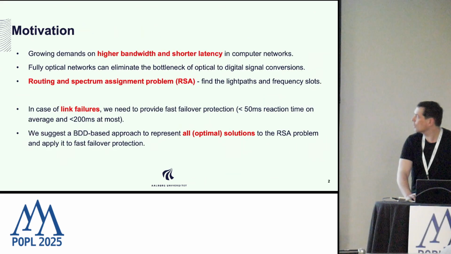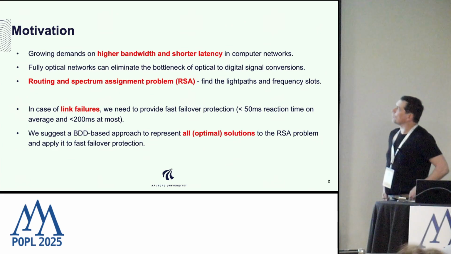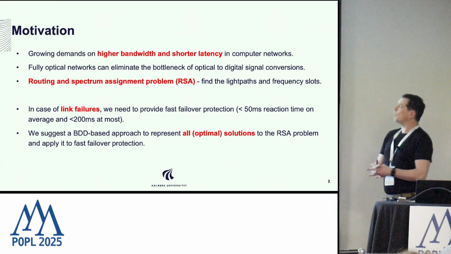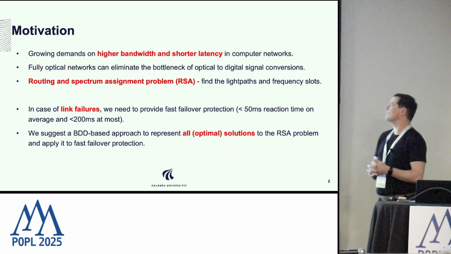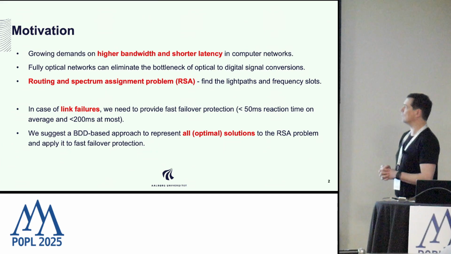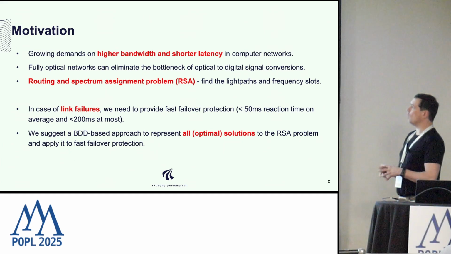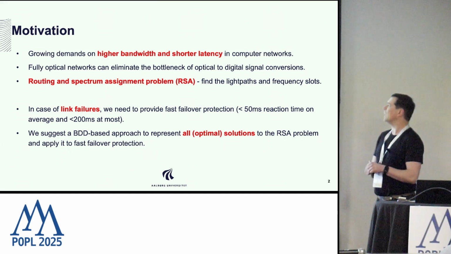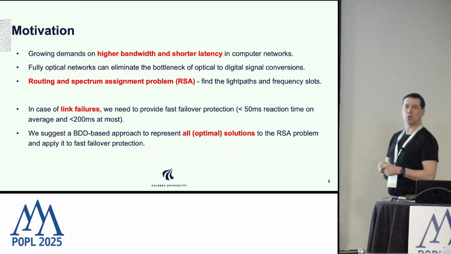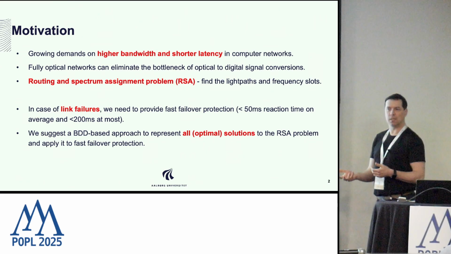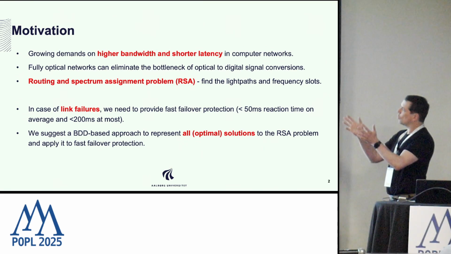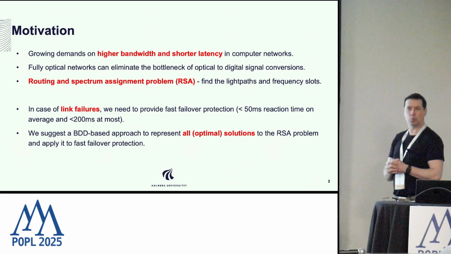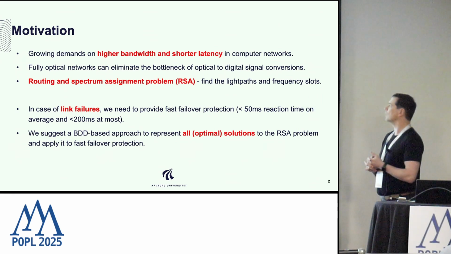Okay, now it's working. So the whole paper is motivated by a growing demand on higher bandwidth and shorter latency in computer networks. And in fully optical networks, we eliminate one of the bottlenecks, and this is the conversion from optical to digital signal at every router. And that defines the so-called routing and spectrum assignment problem that I'm going to discuss today.